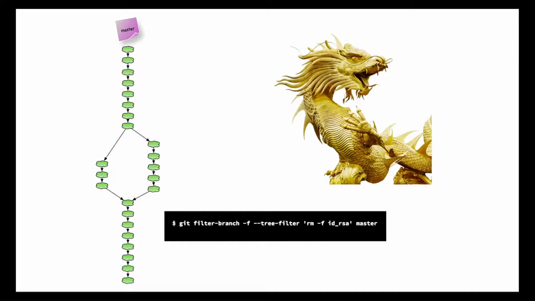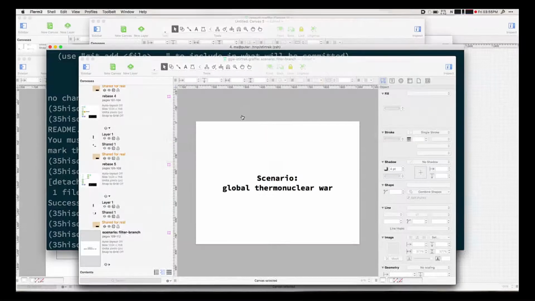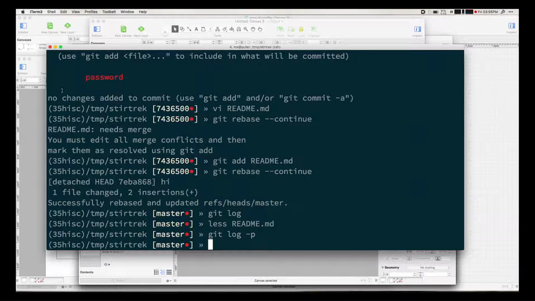Fortunately, Git has a chainsaw called filter branch. Here be dragons. This is how you can use git filter branch to remove all traces of this file. I'll show you a real world example. So, are there any Rails developers? What is your least favorite feature of Rails, or the one thing that gives you the most amount of grief?